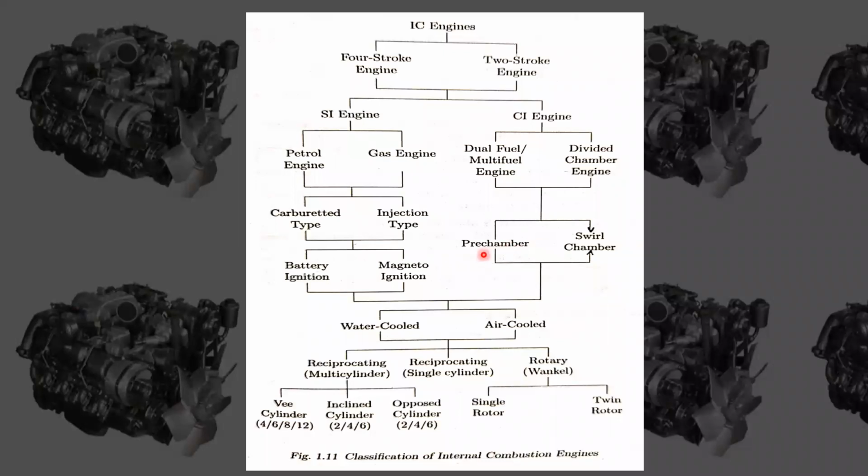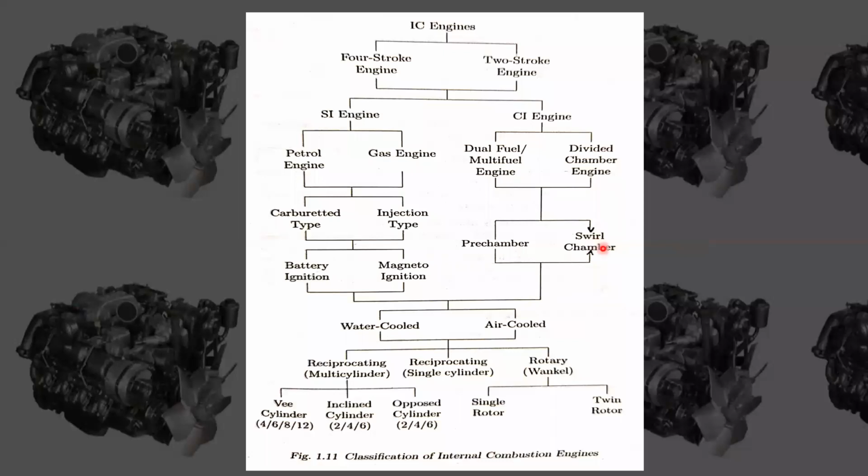In the pre-chamber, turbulence is already created for the fuel, and if there is more turbulence, the efficiency or work output is going to be high. So we have to provide turbulence within the CI engine.